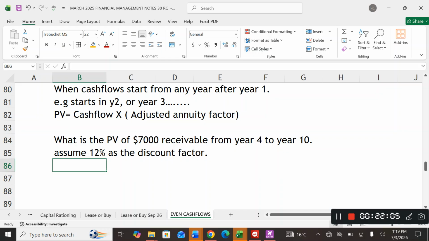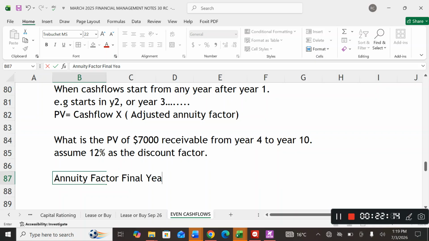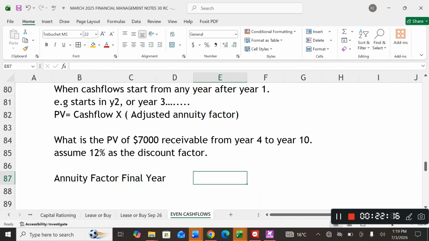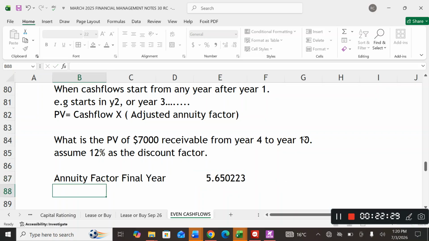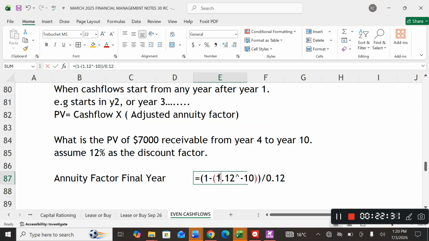Final year annuity factor. My final year is year 10. Alright, I'm going to calculate year 10 annuity, which is equal to 1 minus 1.12 to the power negative 10, divided by 0.12. This is my annuity factor for year 10 at 12%.